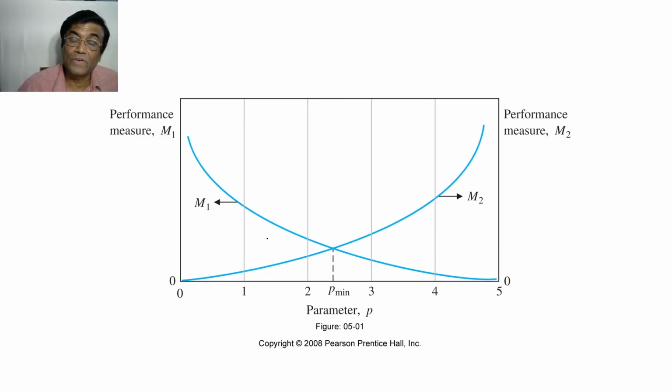So that's why we always need to optimize. So here you see where these two performance measuring criteria are cutting, meeting at a point. So here, if I put my design parameters here, then what it is telling is that it has neither a very poor performance measure in terms of M1, nor is it very poor in terms of M2.